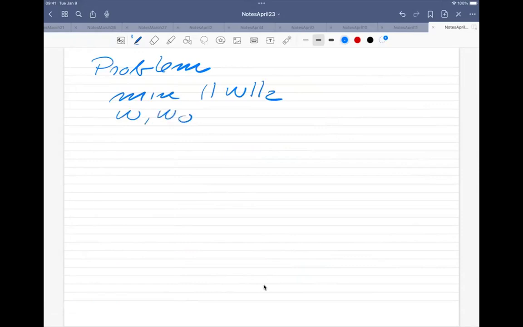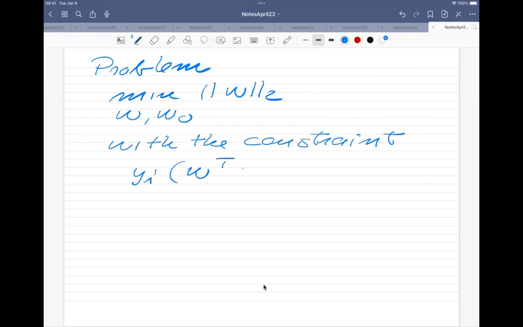So we perform an optimization also with respect to W0 with a constraint, and this constraint is that y of i multiplied with W transpose x of i plus W0 is larger or equal than 1. Alternatively, I could take and maximize m with the same type of constraint.